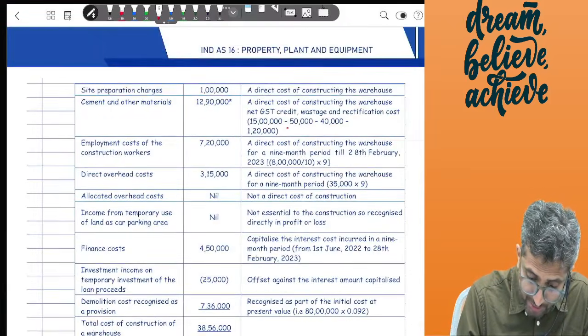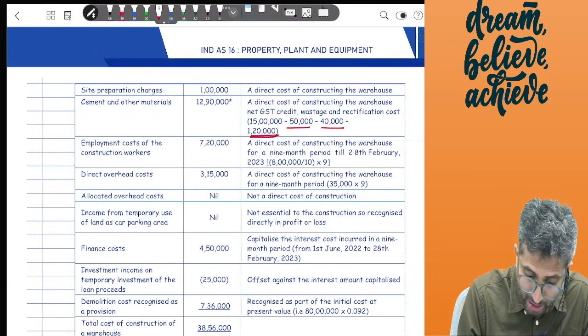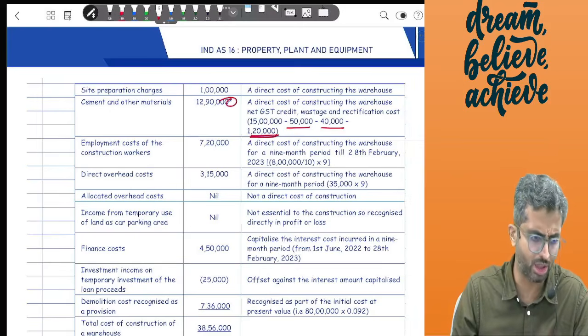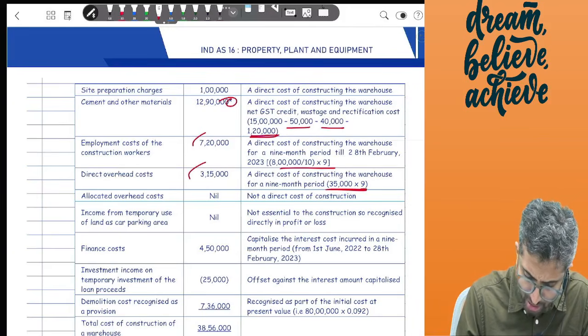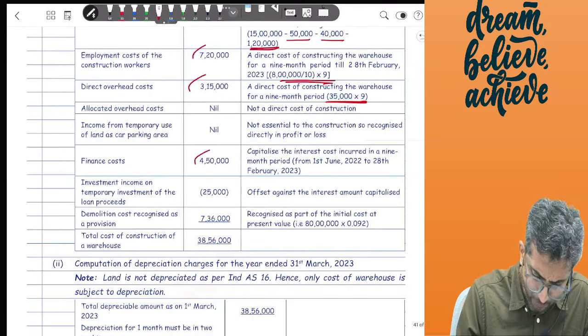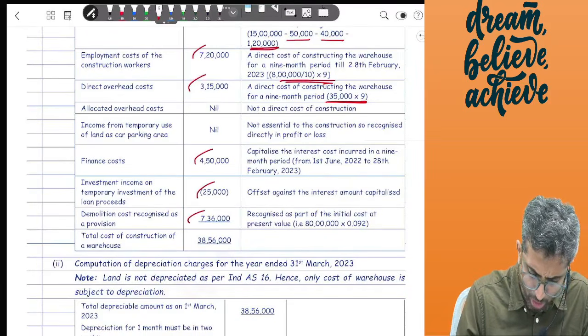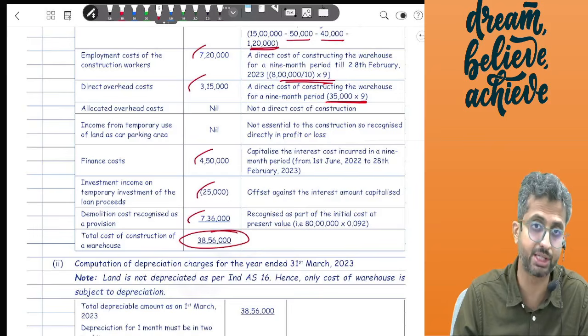Cement and other materials, we have subtracted 50, 40 and 1 lakh 20. There's an alternative solution also possible for this 1 lakh 20, as we discussed. Then for the construction workers, direct overheads, this is 35,000 into 9. This is also for 9 months. Then 4 lakh 50 minus 25, and then demolition cost. This is 38 lakh 56,000.